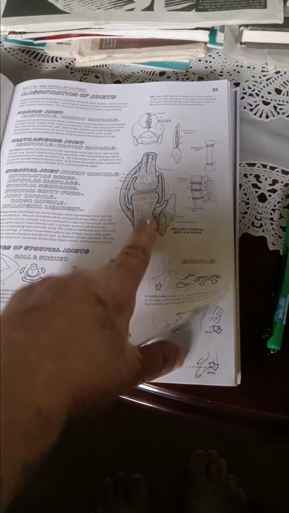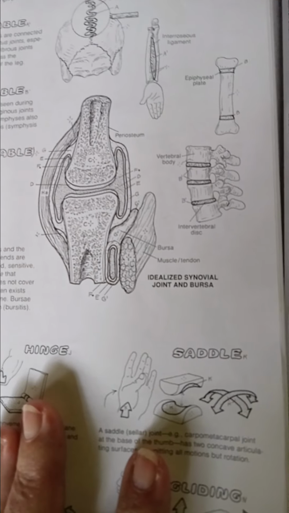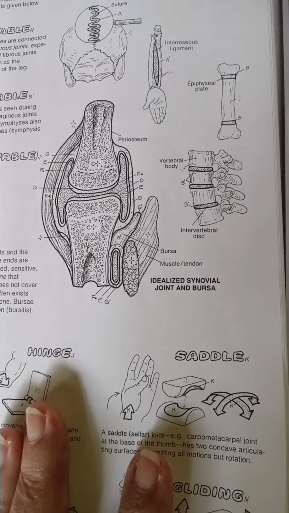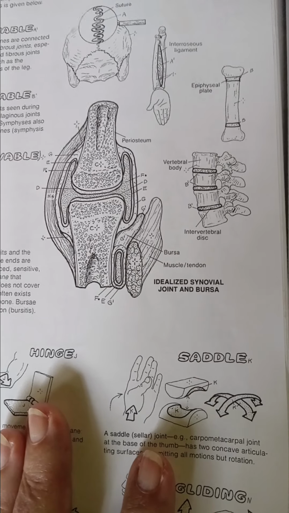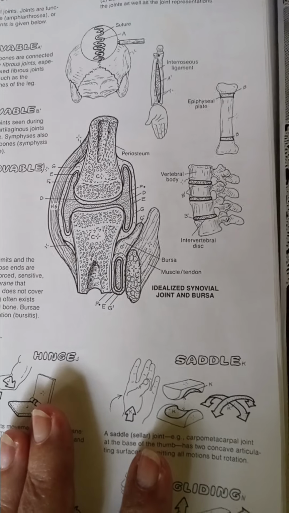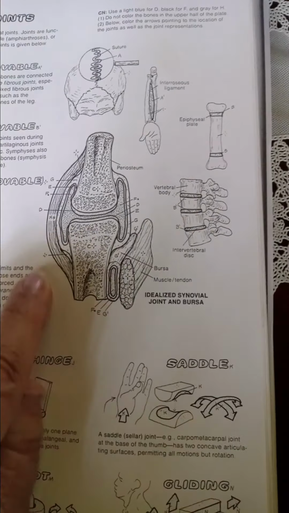This is just a random idealized joint that shows some of the things. Well, potentially all of the things. Very few joints have them all. So this is sort of a collective diagram of what everything possibly could be in a movable joint. And you see cartilage and you see ligaments.